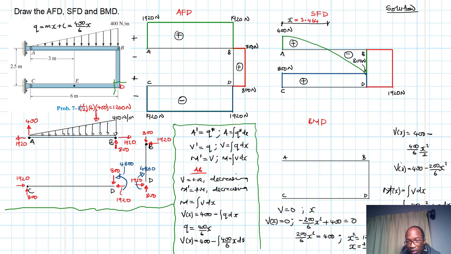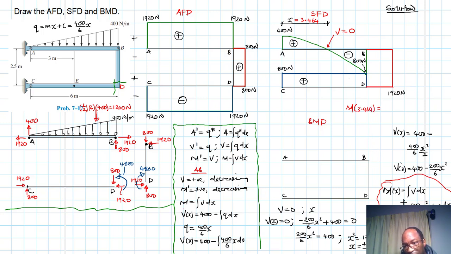Once we have that value, we are going to use the function that we found for moment, to find the moment at this point where shear is equal to 0. At this point, our shear is equal to 0, and that's where we are going to have maximum moment. So we have the function for our moment, we just plug it in. So moment at 3.464 is equal to, what is the function?